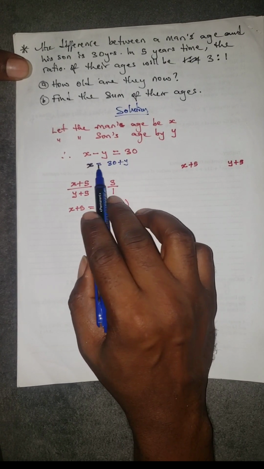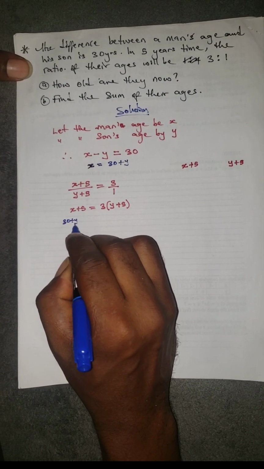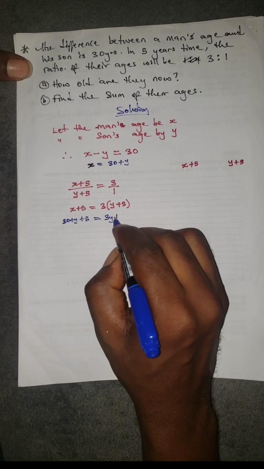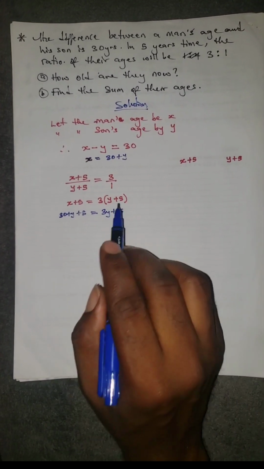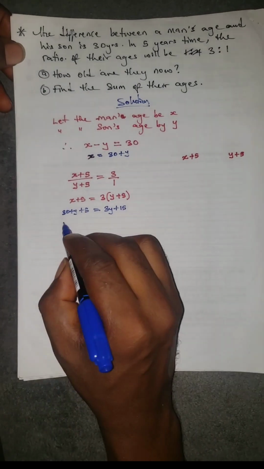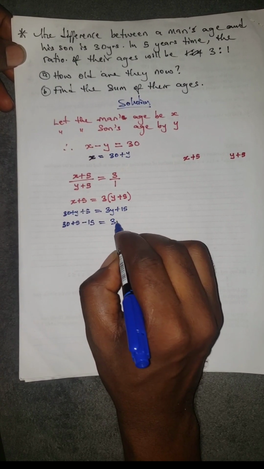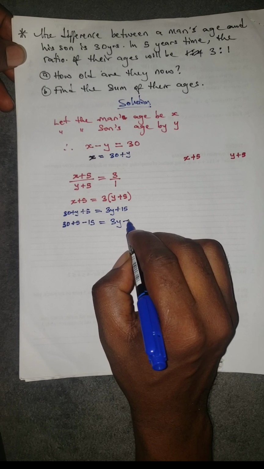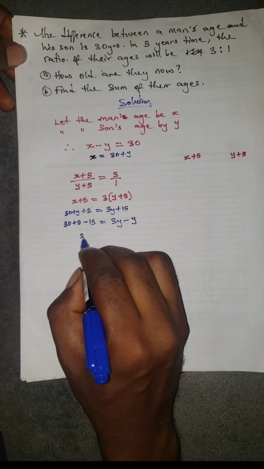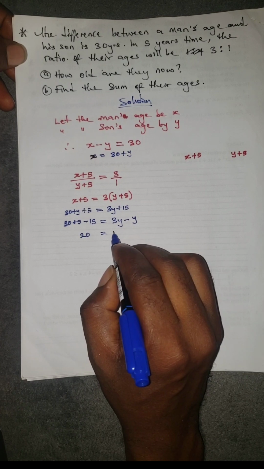So when you take this x, the value of this x, and fix it here, you are going to have 30 plus y plus 5 equal to, open this bracket, 3y plus 15. Like I always do, pick the lower variable to meet the higher variable. So that will give us 30 plus 5 minus 15 equals 3y minus y. So 30 plus 5 minus 15 will give us 20, and 3y minus y will give us 2y.